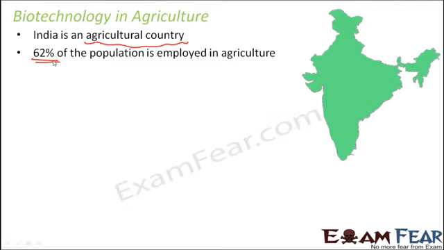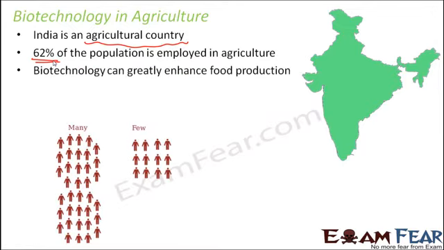Agriculture is something on which all of us are indirectly dependent. But since more than 50% of the population is also directly dependent, it is very important to take care of the agriculture sector. Also, biotechnology can greatly enhance food production, because the population is continuously increasing.